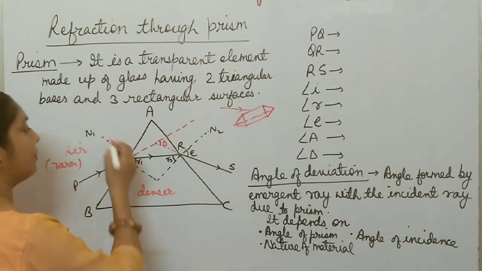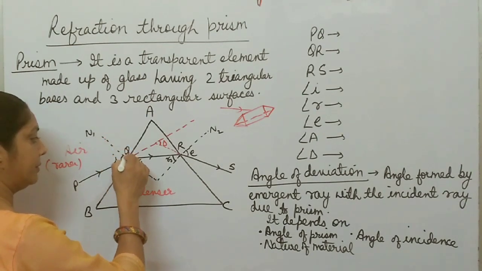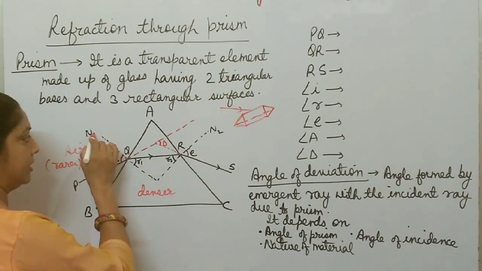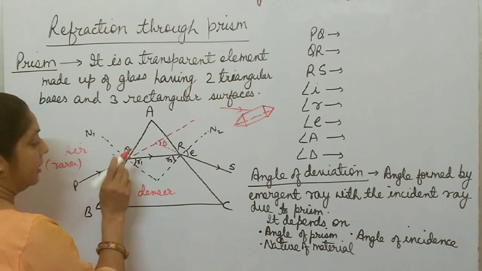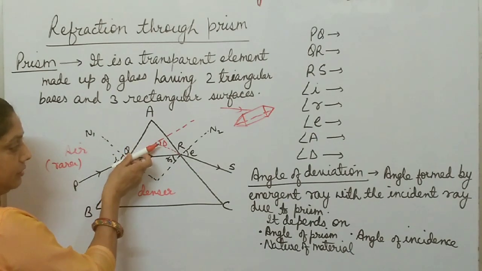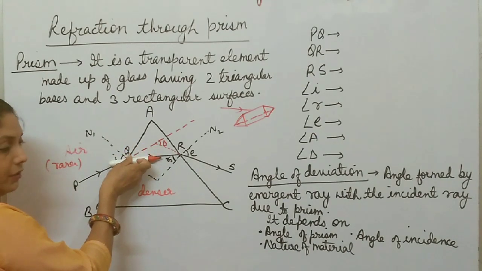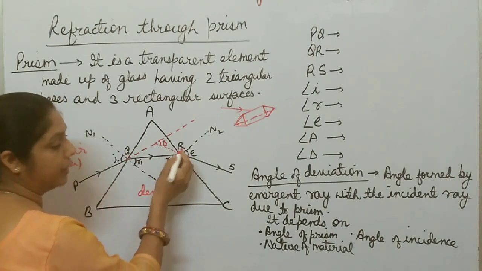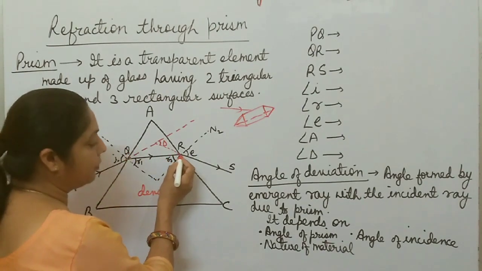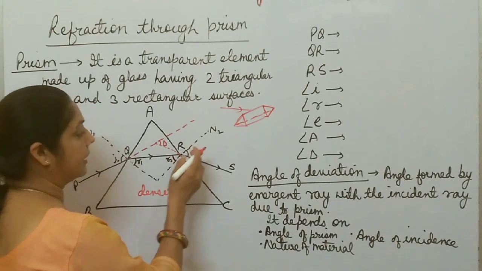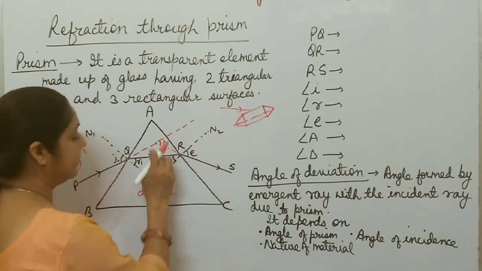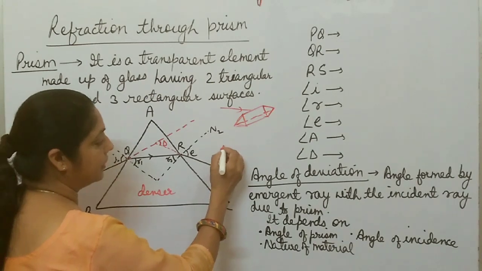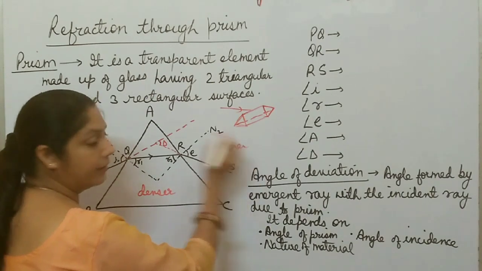So you first draw one normal. This is the normal on this surface at point Q. This one is N1. Now instead of going straight like this one, the light bends towards the normal like this one. So this is the refracted ray QR, right? Now again at point R, what happens? Again the medium is changing. Here this one is denser medium and outside is air, a rare medium.